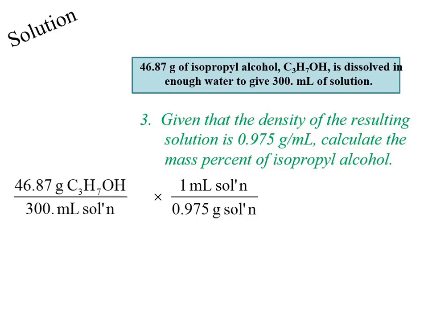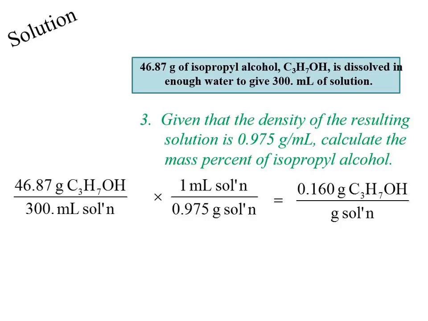Now my milliliters of solution have canceled, and I have units of grams of C3H7OH per grams of solution, which is wonderful. If I stop right here, with 3 significant figures, what you'll get is a value of 0.160.